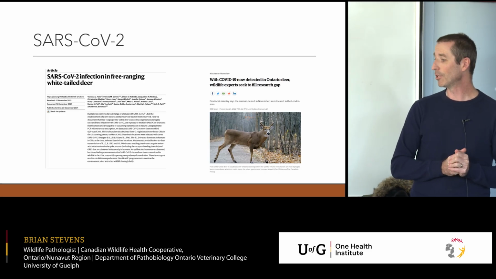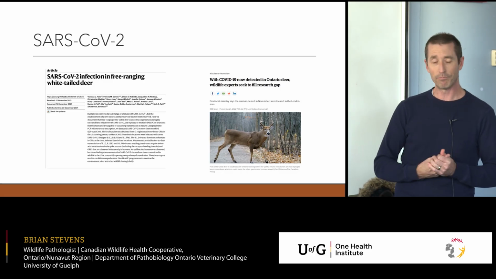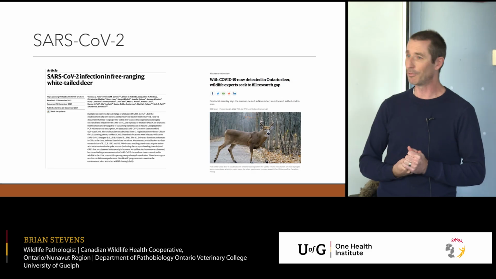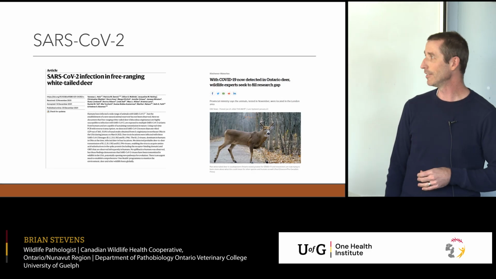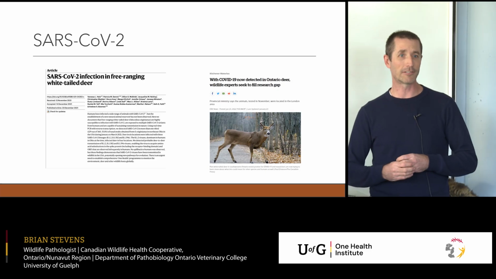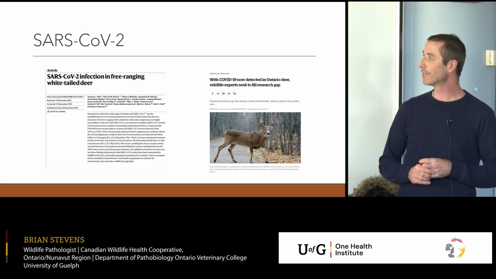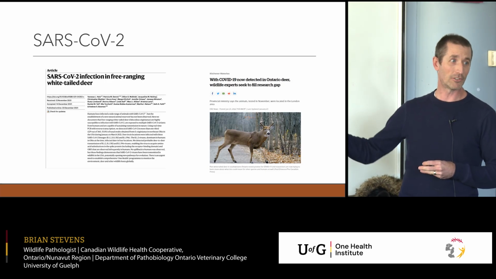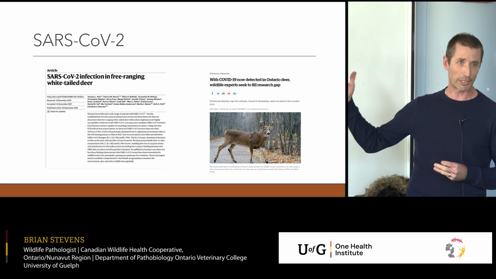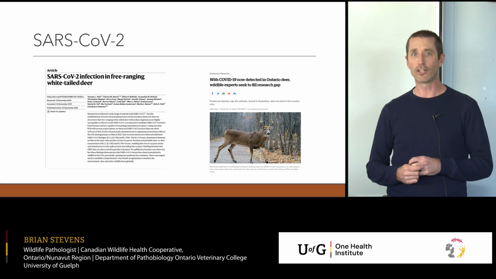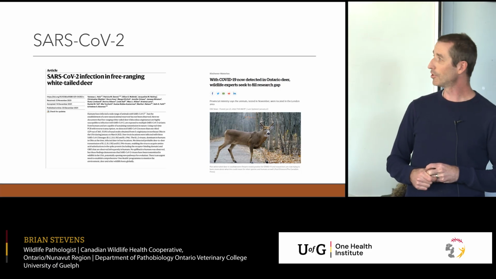And the first paper that came out was from the US, and they found that both active infections and antibodies suggesting that these deer had been exposed to the virus were relatively common in the white-tailed deer population out in the wild. In some regions, it was as high as 30 to 40% of the white-tailed deer had been exposed at some point. So based on that, we started to look at white-tailed deer in Ontario and Quebec and did find similar numbers, not quite as high, but we did see evidence that our white-tailed deer were being affected by this virus as well and being exposed to it.